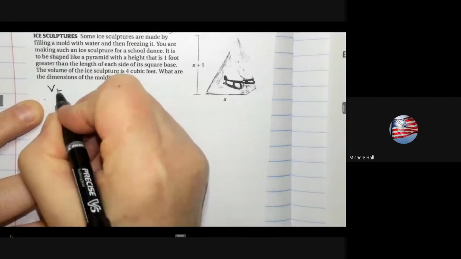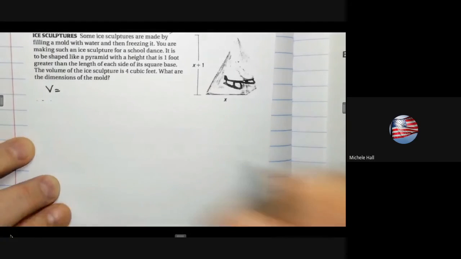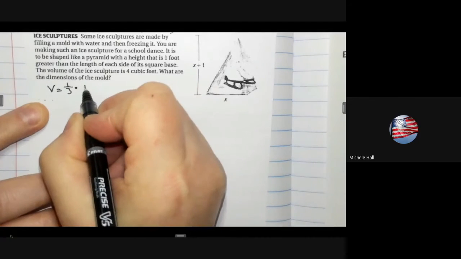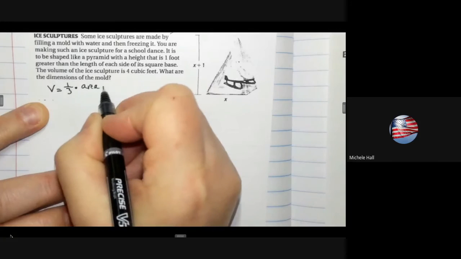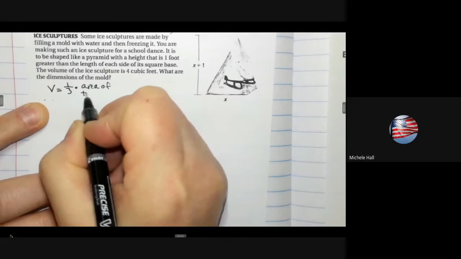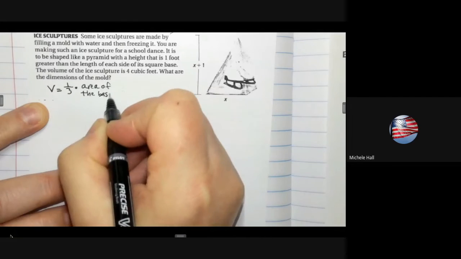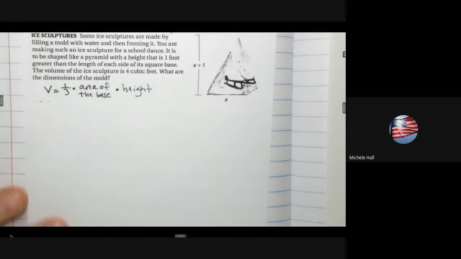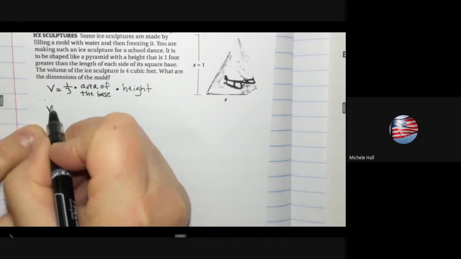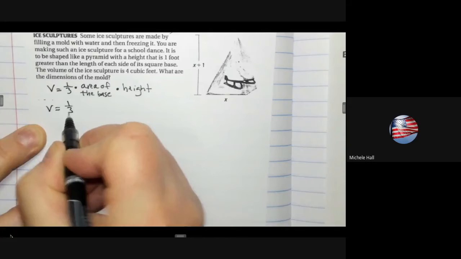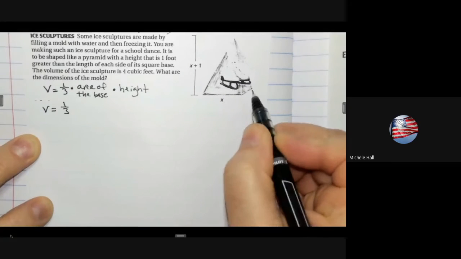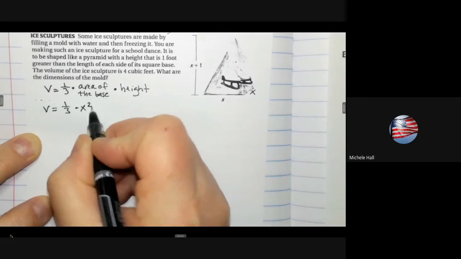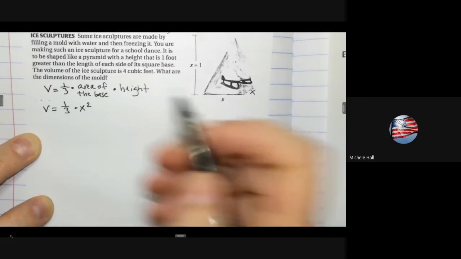Volume of a pyramid with a square base is going to be 1/3 times the area of the base times height. Area of the base is going to be x times x times the height, which is x plus 1.